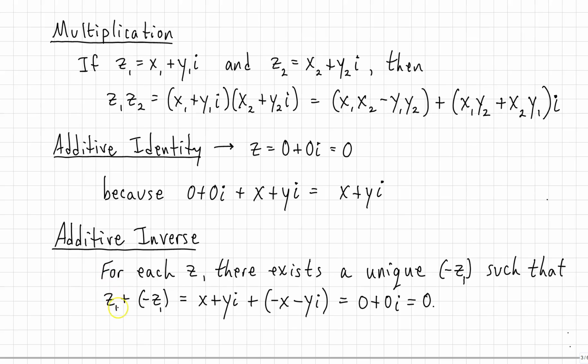So this is simply saying that if you have a complex number, there will exist an opposite complex number such that their sum is 0, the additive identity.